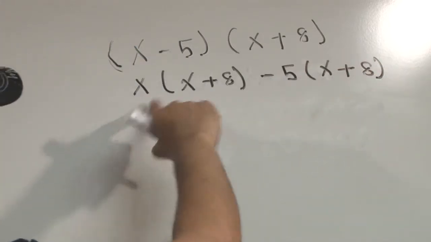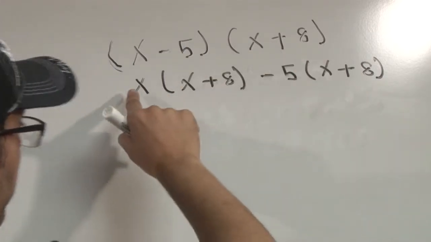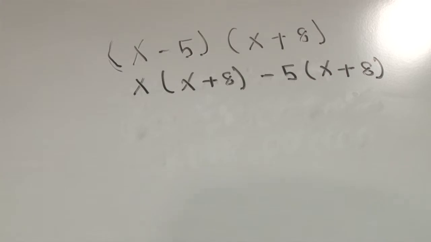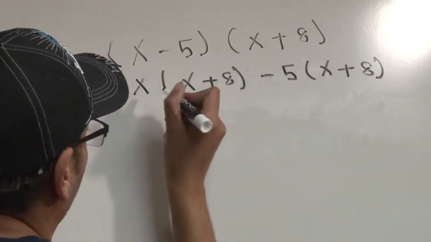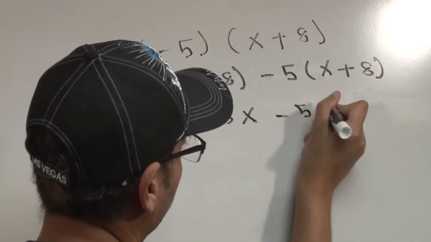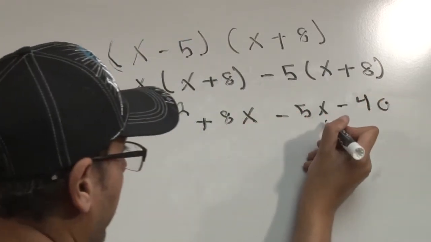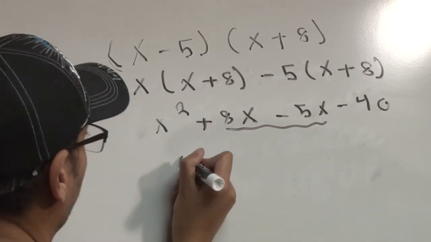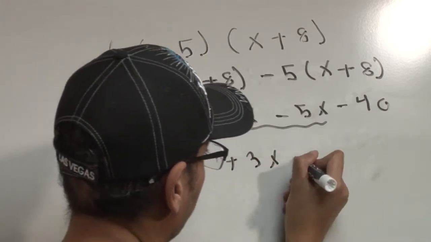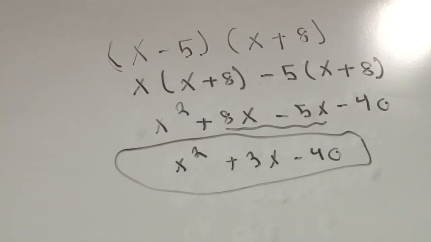Then I distribute x for this polynomial, and the 5 for this polynomial. So that would be x squared plus 8x minus 5x minus 40. Then I add the like terms together. So that would be x squared, 8x minus 5x is 3x, minus 40. Done.